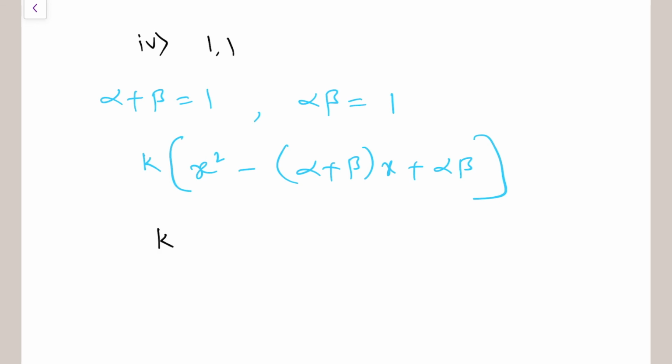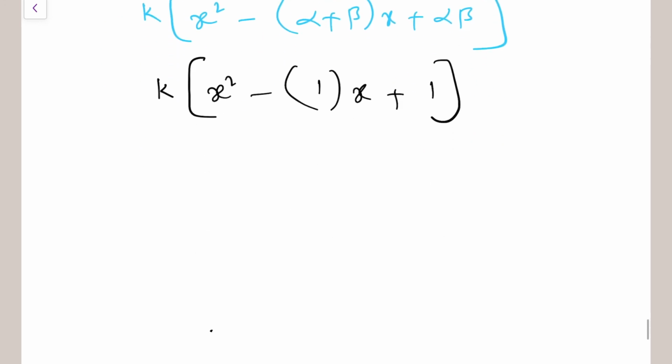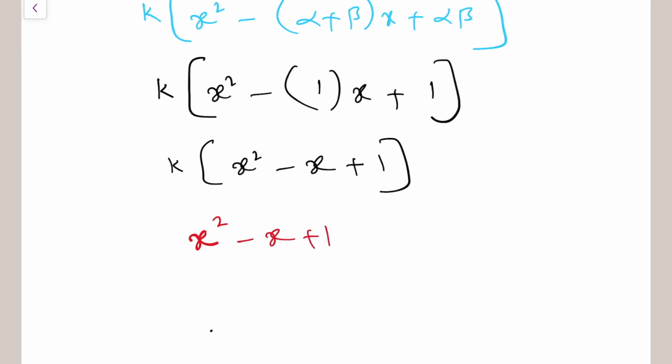K as it is into x square minus alpha plus beta is 1 into x plus alpha into beta is also 1. K into x square minus 1 into x plus 1. In this case there is no denominator, so just remove the k value. So we will get x square minus x plus 1.